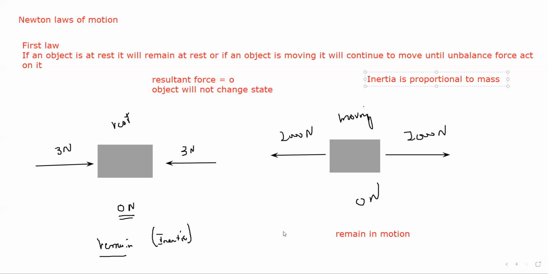Is it clear? Newton's first law: when an object is at rest, it will remain at rest. If an object is moving, it continues to move until an unbalanced force acts on the object.